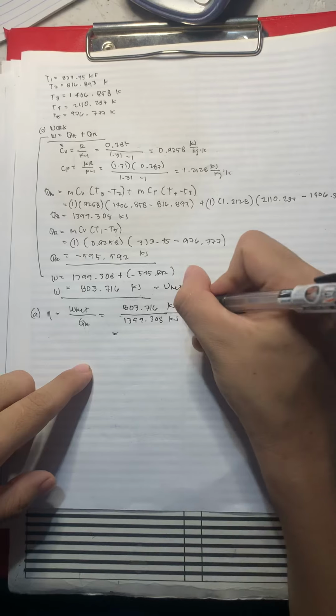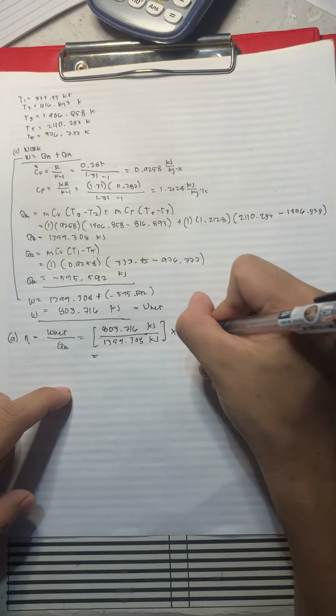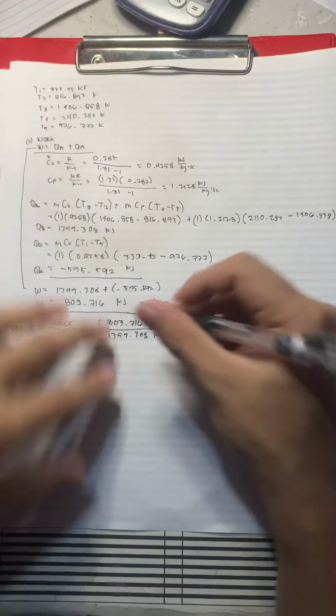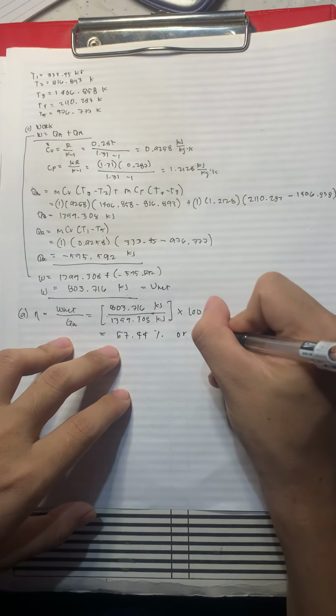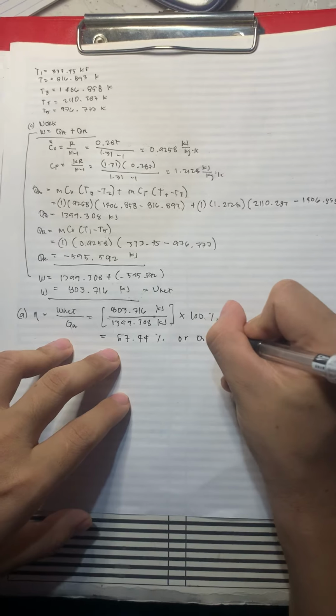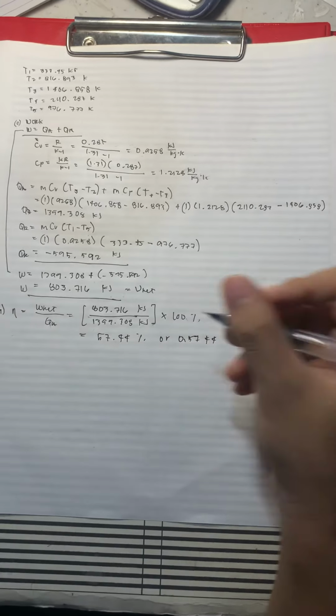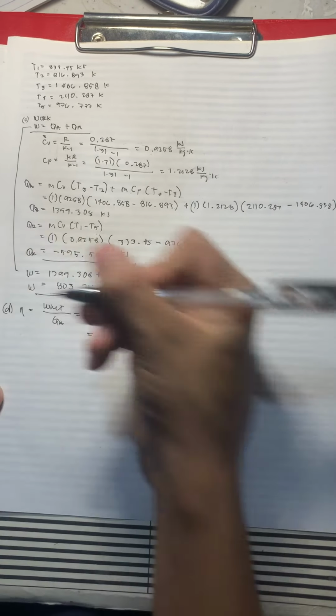Now the efficiency times 100% is 57.44%, or 0.5744. This is D.